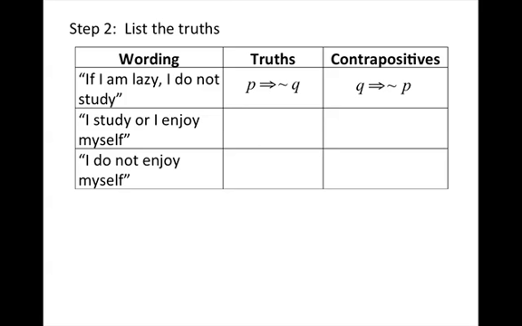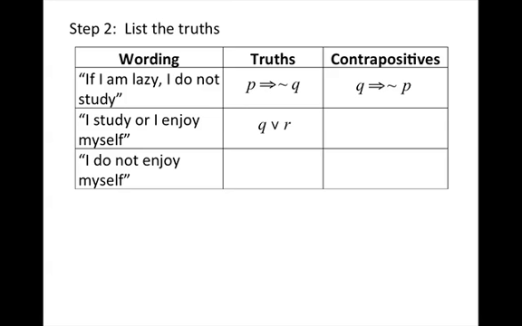Second, I have I study or I enjoy myself. Well, studying was Q and enjoying yourself was R, so I have Q or R. This is not an implication, so it's not going to have a contrapositive. The next truth I was given is I do not enjoy myself.